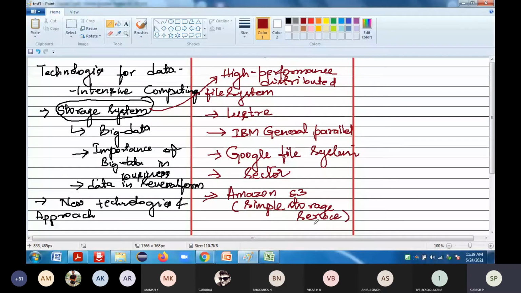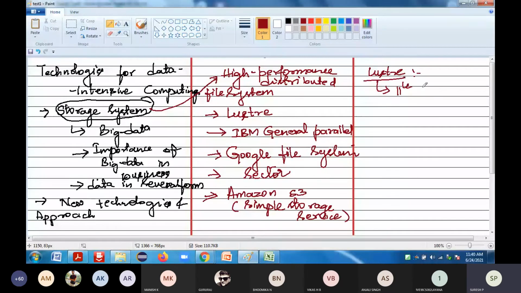Lustre is mainly a parallel distributed file system. Since we don't have an ample amount of time, I will brief it out. It is a massively parallel distributed file system.